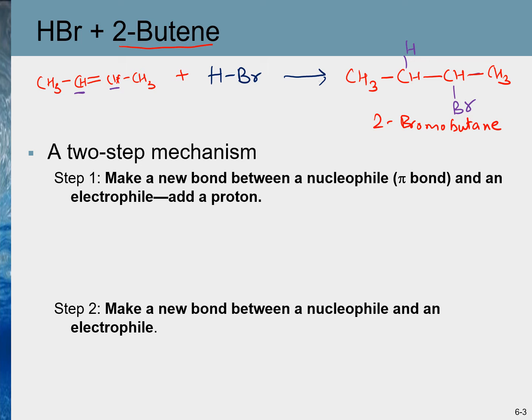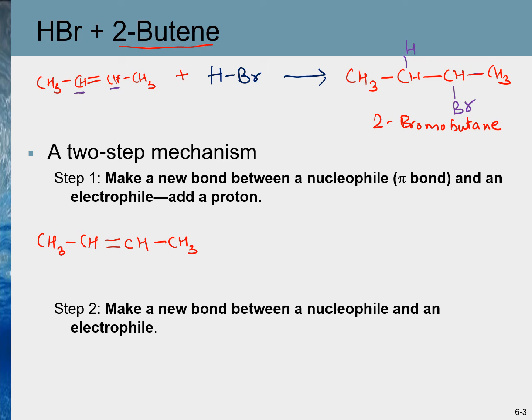Let's take a look at the mechanism of this reaction. In step number 1, there will be a new bond formation between a nucleophile and an electrophile. And remember, I mentioned that I call this step the nuke attack. In this reaction, the pi electrons act as an electron source, so our alkene is a nucleophile in this case.